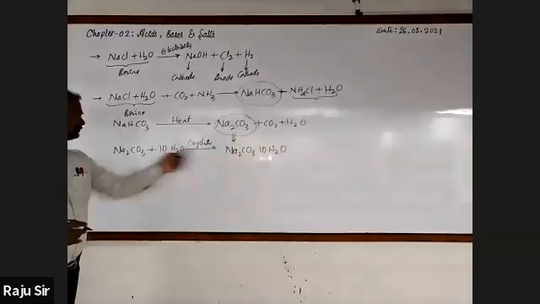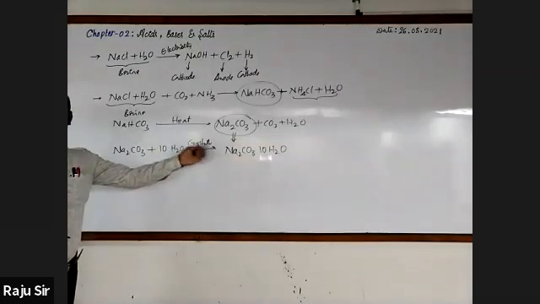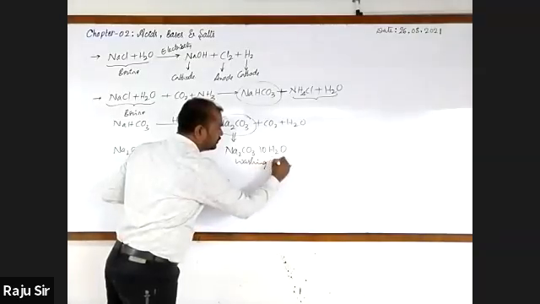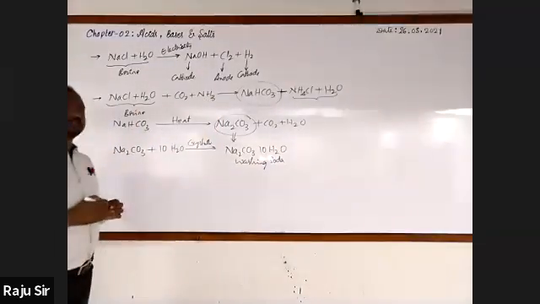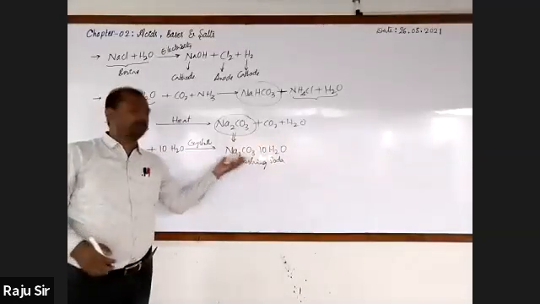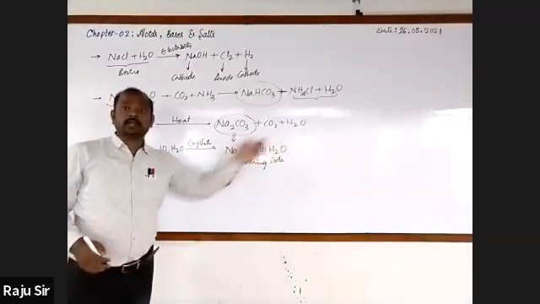This is washing soda. Please do remember, chemical formula of washing soda is Na2CO3 10H2O and its chemical name is sodium carbonate decahydrate.